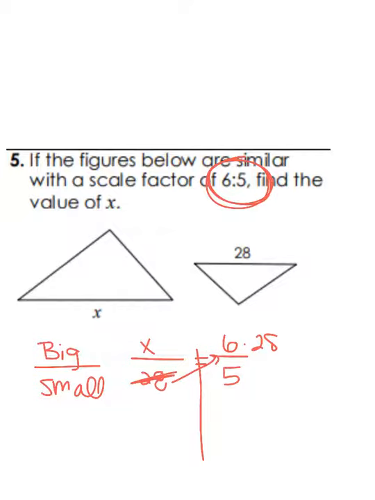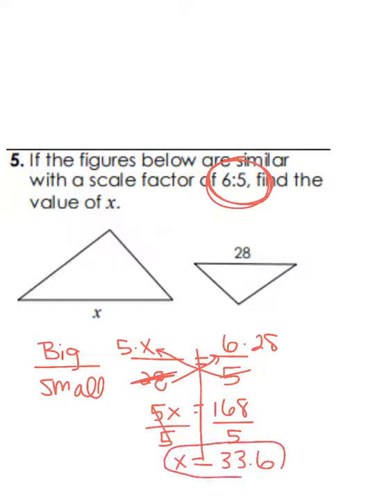So 6 times 28 is 168. And then 5 times x is 5x. And then a one-step equation, just divide by 5. And this one didn't work out evenly, and that's okay. 33.6. Since all of these are dealing with fractions, proportions, some of them won't come out as whole numbers.